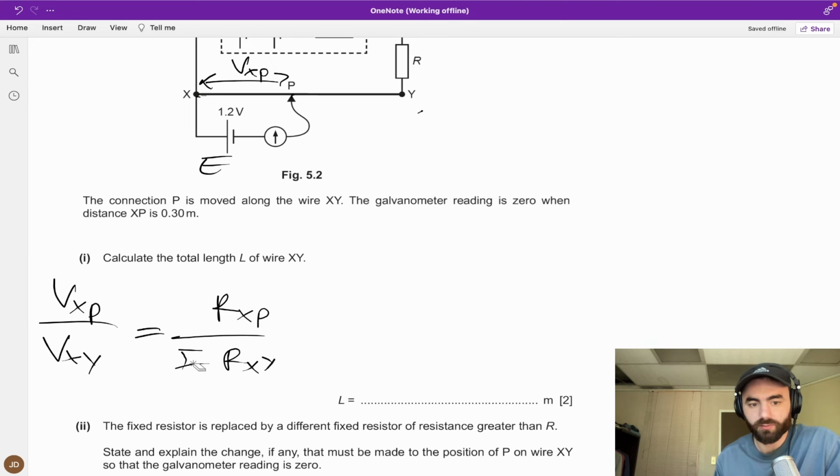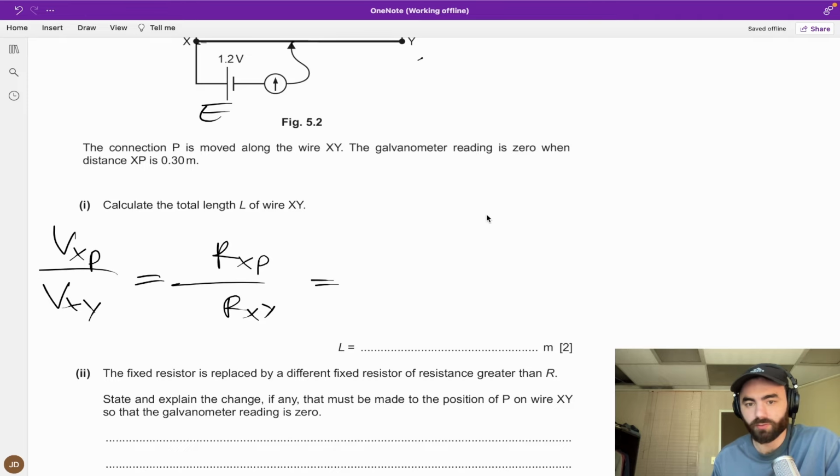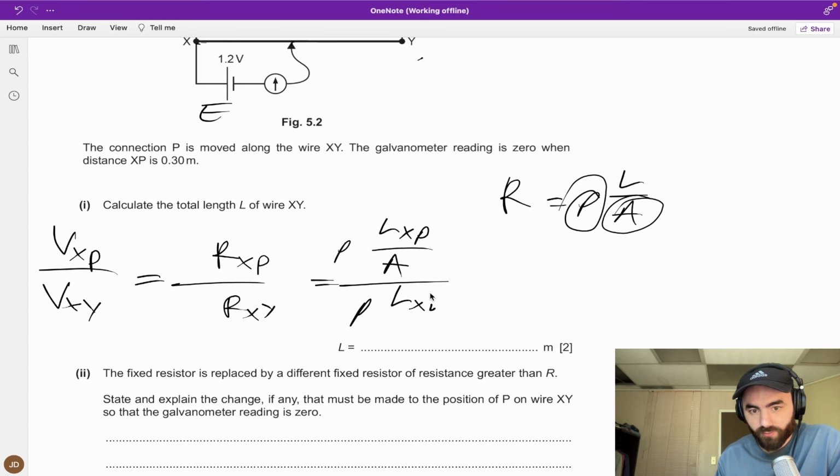The I's will just cancel. And then if we want the lengths, we know that R equals rho L over A. This is staying the same, it's the same wire. So L over XP divided by A, divided by rho L over XY divided by A. These all cancel, so you get that.